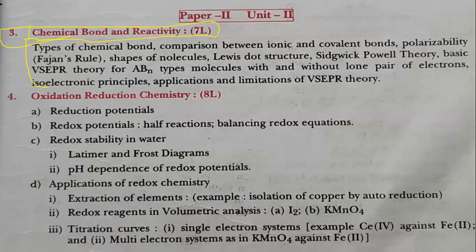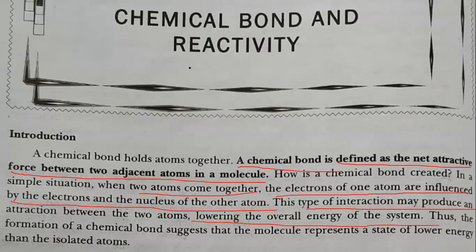In this we are going to learn types of chemical bond, comparison between ionic and covalent bond, what is polarizability, Fajan's rule, shape of molecule, Lewis dot structure, Sidgwick-Powell theory, basic VSEPR theory, with lone pair of electrons and without lone pair of electrons, then isoelectronic principle, applications and limitations of VSEPR.